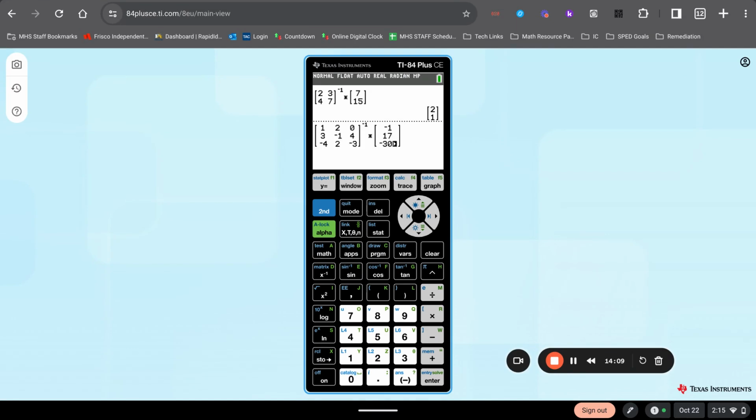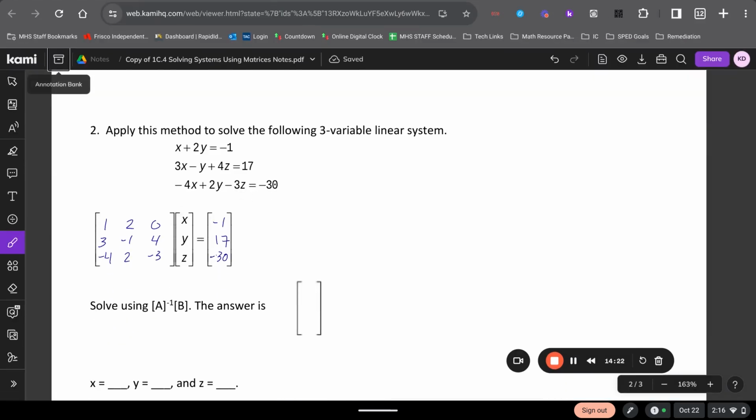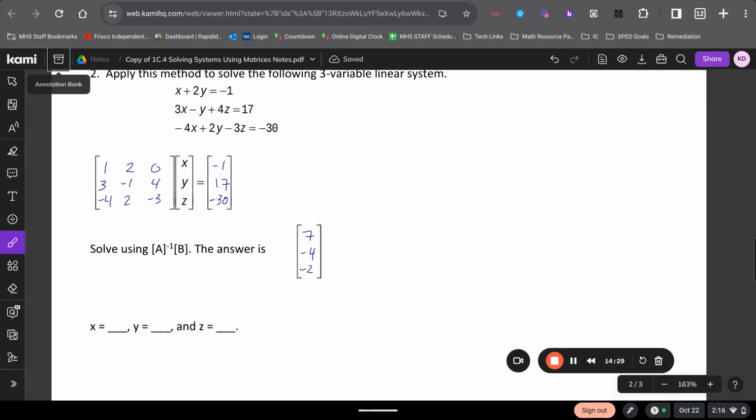And once I press enter, it's going to plop out that matrix for me: 7, -4, and -2. So that is my solution matrix. Which means my x solution is 7, my y solution is -4, and my z solution is -2. And that's really all there is to it, y'all.